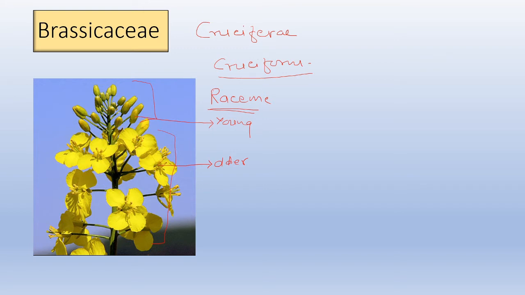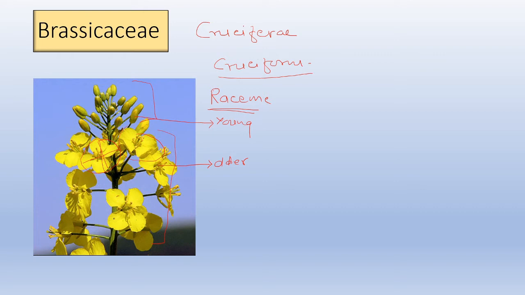Now in this you can also see the type of the corolla, that is cruciform type of corolla. Specifically this corolla is present in a crisscross manner. So they are exactly opposite. Their number is 4. 1, 2, 3, 4.